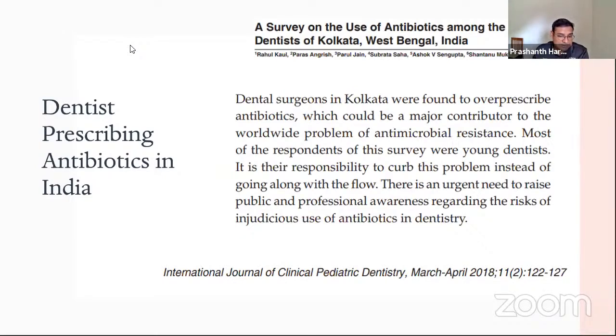So that's another point to be taken. If the younger generation of dentists are not following these prescription methods, then we may have to revisit the education in the dental schools, and we have been having the same issues in the US too.